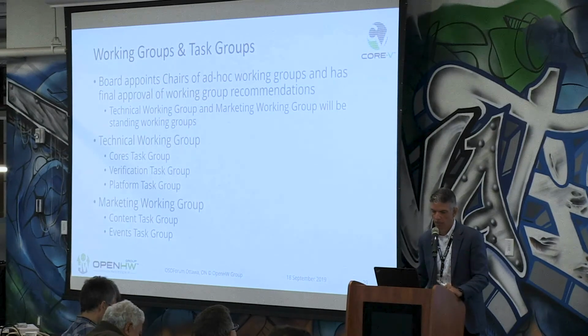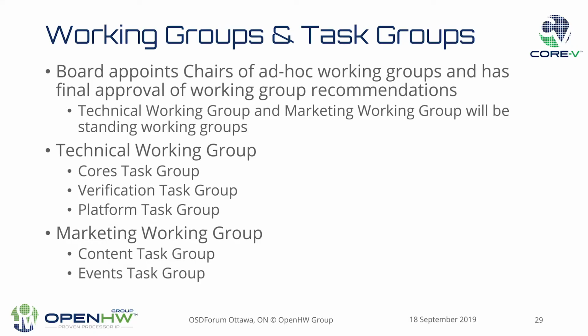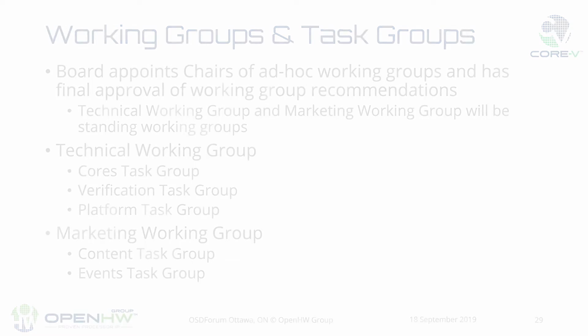So here's a view of what the working groups and subgroups look like. There's a cores task group that will evolve the roadmap for the cores. There's a verification task group that will turn this IP into industry quality IP, and then a platform task group that will do things like the Vega board and bring up environments for evaluation. And then your typical marketing activities will happen within the organization too.